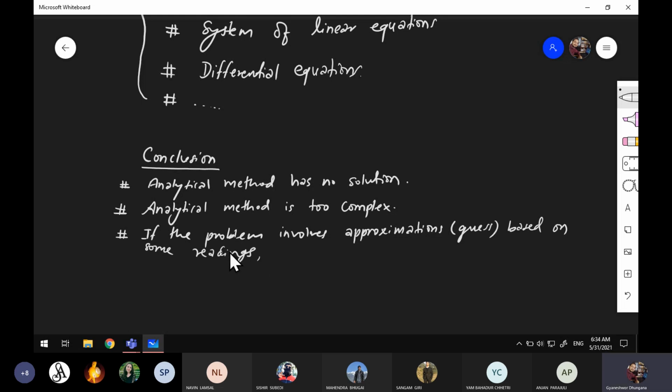In such a case also, it is found that the numerical method can be applied.